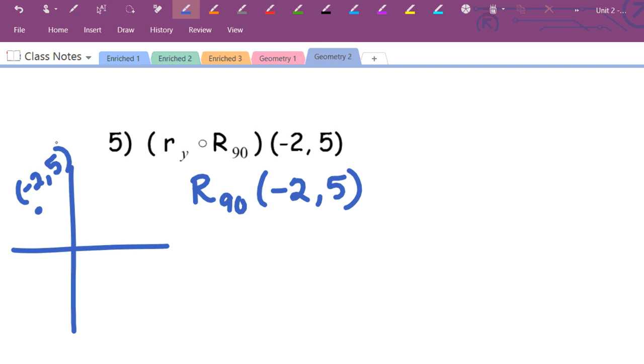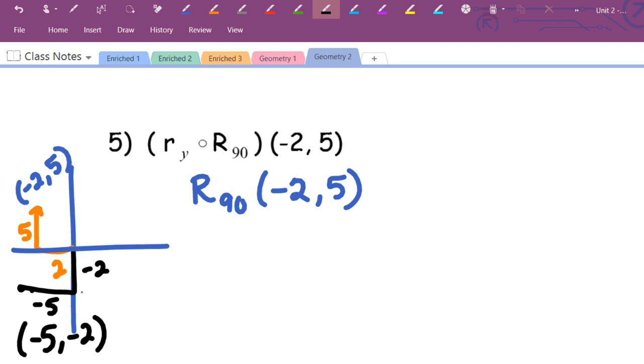So when I rotate that, just so we're clear, we would go back 2 and then up 5, right? So now, what would that look like if we did it in the next quadrant? Well, I have to go down 2 and back 5, isn't that right? This is down 2 and back 5. This is the point -5, -2.